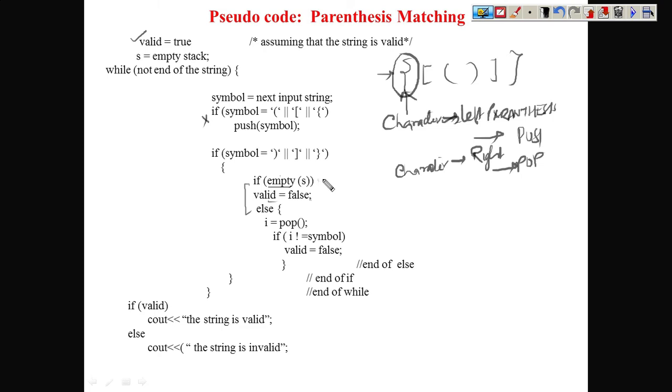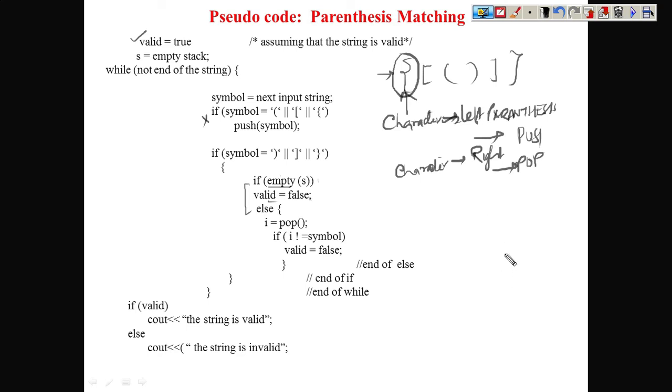If there is no element existing and you still get a right parenthesis, that means this parenthesis is extra and your expression is not valid. So you pop whatever is at the top, assign it to I, and then check whether I matches the symbol or not. When you pop it, the symbol you get should be of the same type.